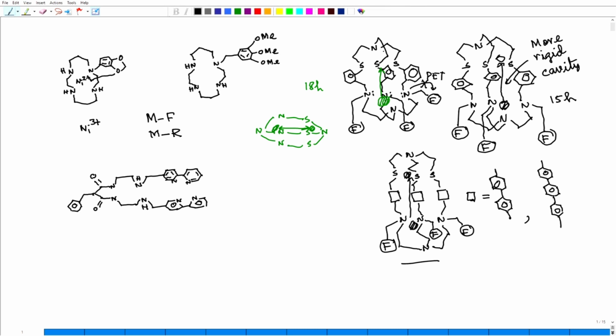What you can see? Here is a binding site, here is a binding site, here is a binding site, amide. Amide actually, NH, NH. These are amide. Okay, amide.